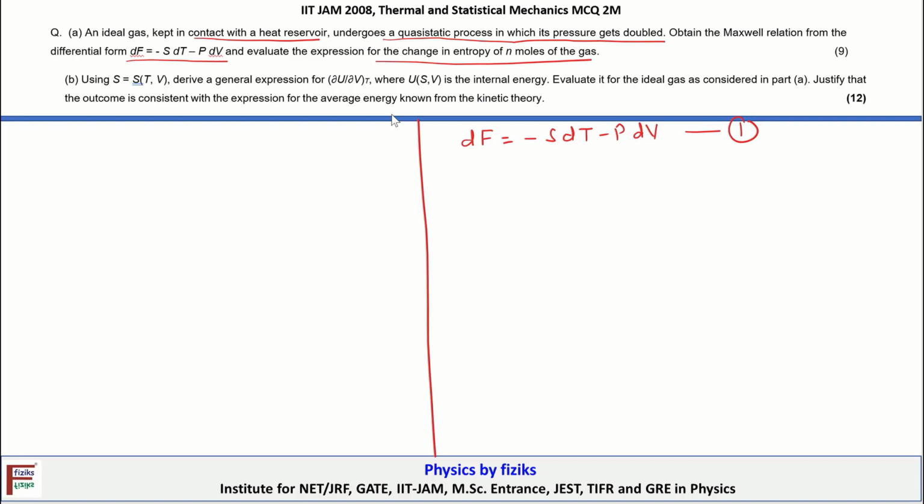Okay, so we will continue with the part A and then we will come to the part B after finishing part A. Okay, so here first of all we will identify the natural variables for the Helmholtz energy. So natural variables for F are temperature and volume.